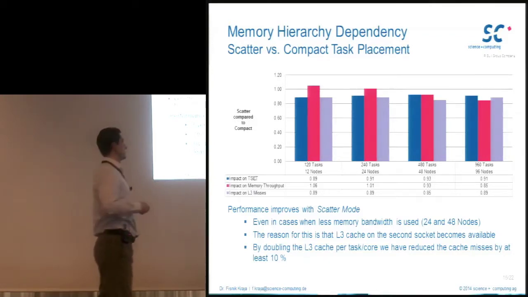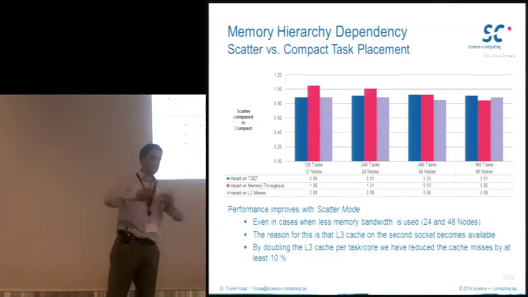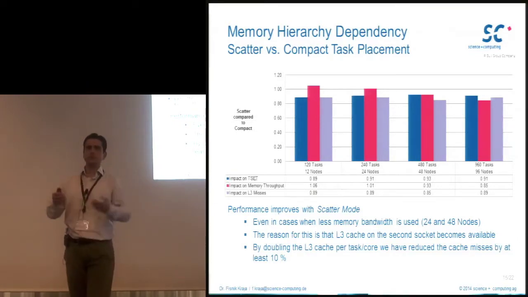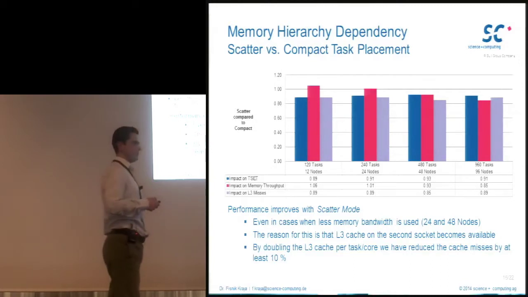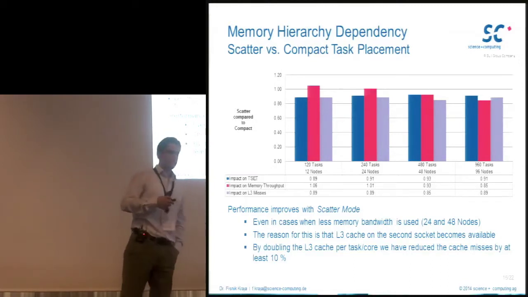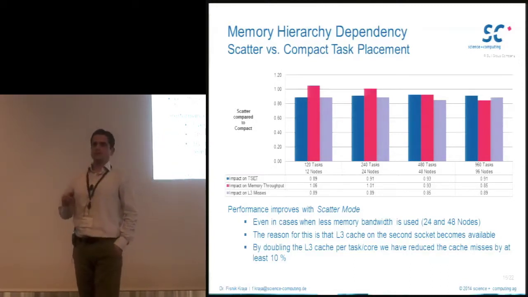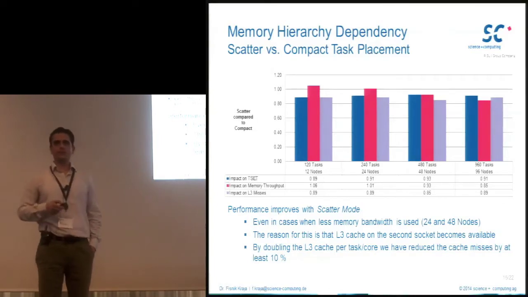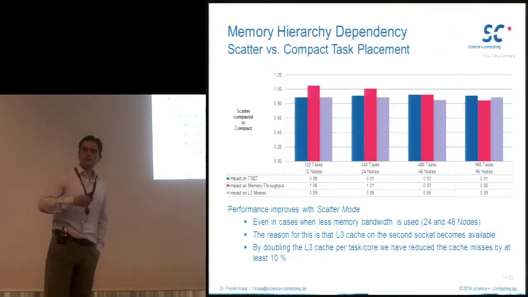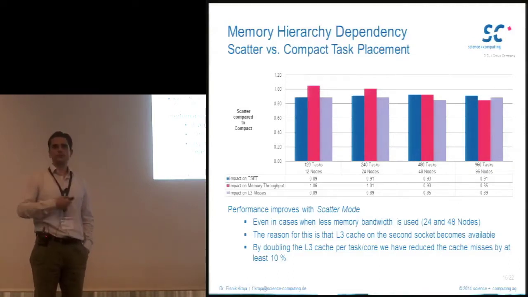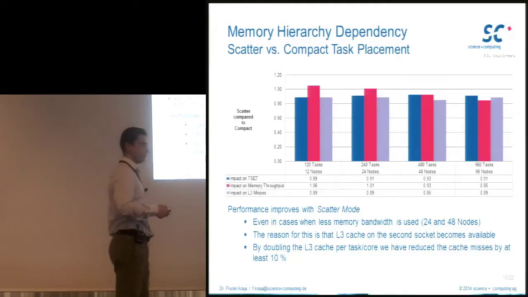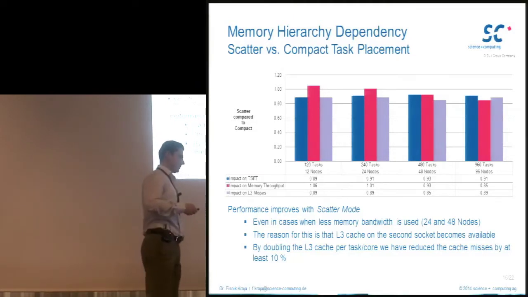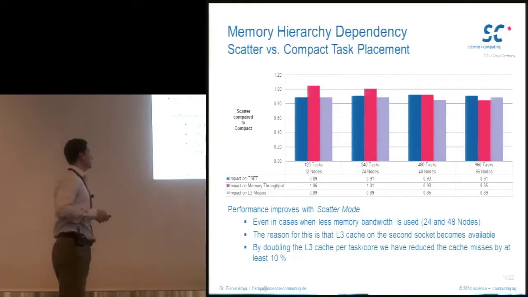In the second scenario, we put these 10 tasks by splitting them, or scattering them, 5 to 5 on each CPU. In this way, you give each task double the amount of cache and double the amount of memory bandwidth, while keeping the MPI communication overhead constant, because you don't change the number of nodes, you just change the number of CPUs being used, so you just change the cache and memory dependency.